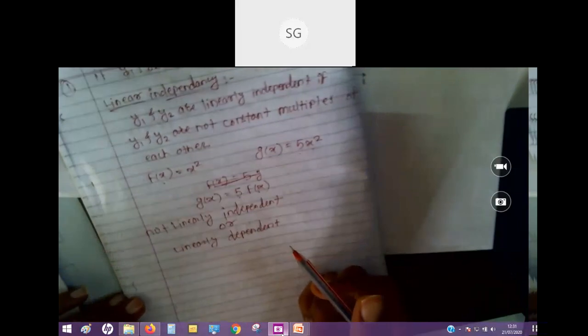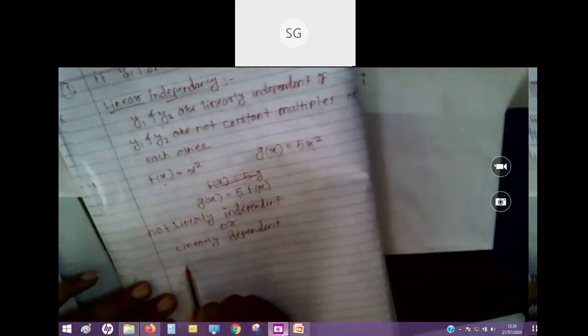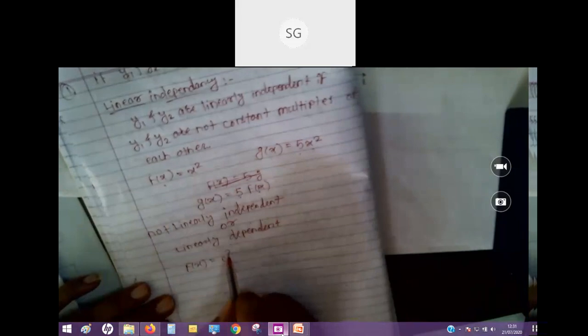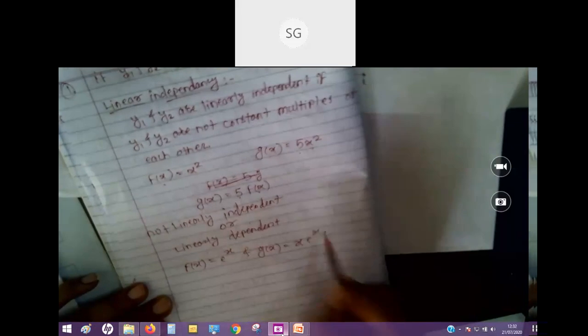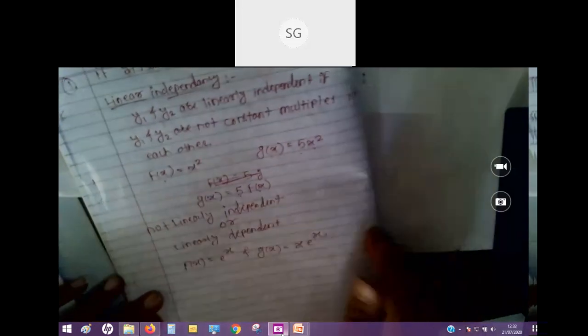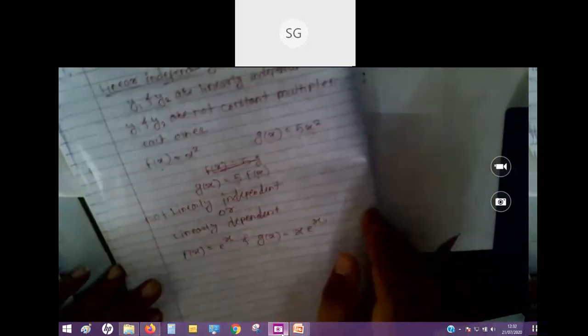But if the functions are like this, f of x is equal to e raised to x, and g of x is equal to x into e raised to x, these are not linearly dependent.